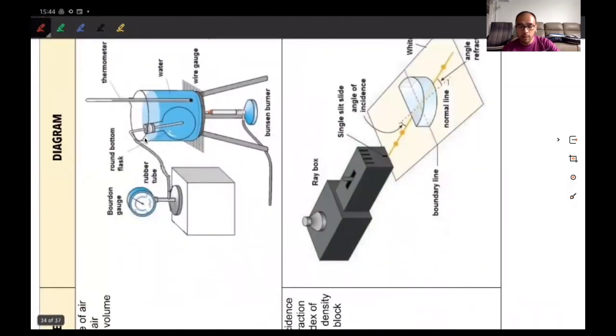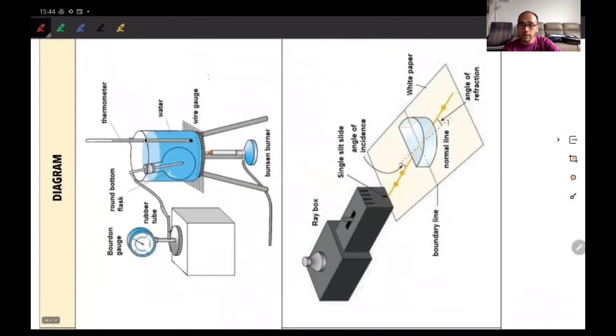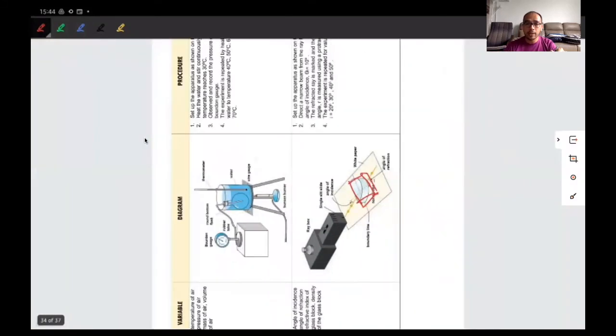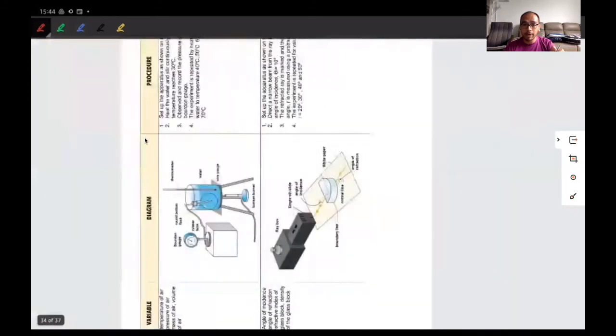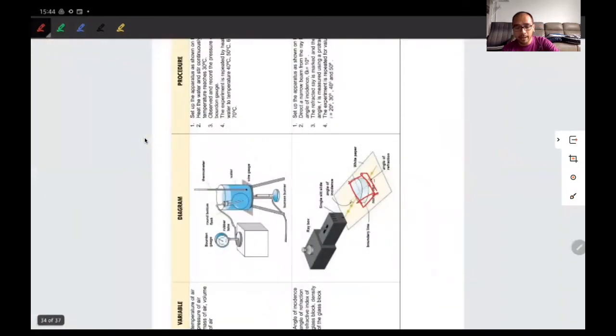Except that when we were doing this kind, we didn't use this kind of this one. We used a square block. Do you remember? We used a square block. We put it on a white piece of paper, and after that we draw. Okay, so kalau di dalam kamu punya experiment, if I remember correctly lah, this is how you drew it, right?